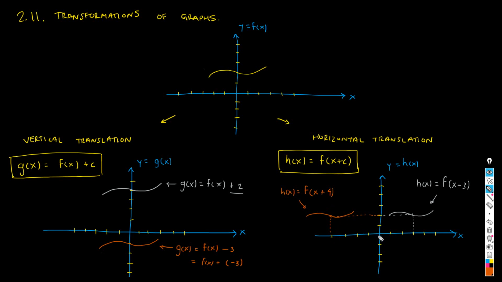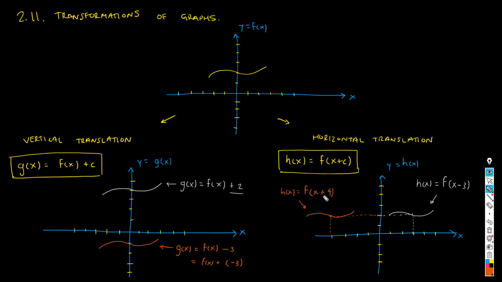Remember, displacements to the left or translations to the left are done by adding a positive constant, okay, and as many units as you want the displacement. And displacements or translations to the right are done by subtracting a positive constant, as many units as you need. So don't confuse that.